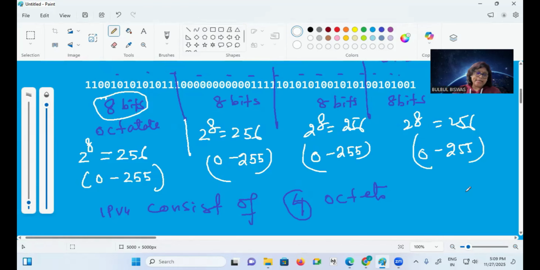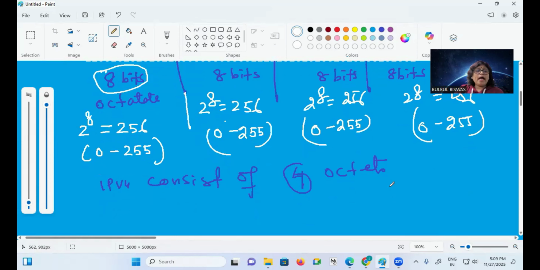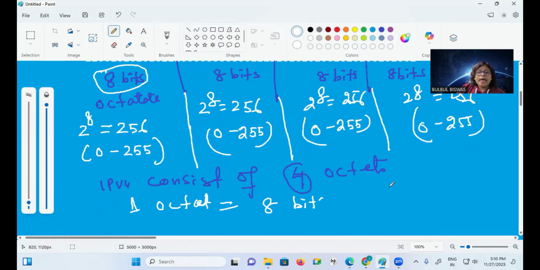So you see, every IPv4 address consists of 4 octets, and every octet means 8 bits in binary. How many bits does 1 octet have? 8 bits. And if I go for the equivalent decimal, the value is 256. The value of 1 octet is 256, meaning 0 to 255. So everyone, you see, it is very clear.